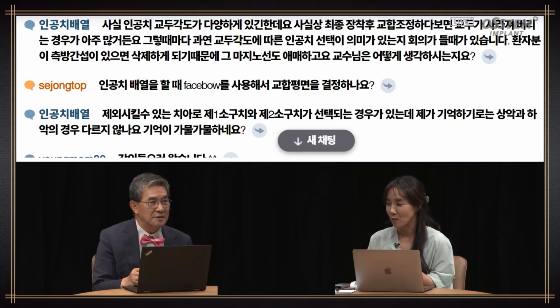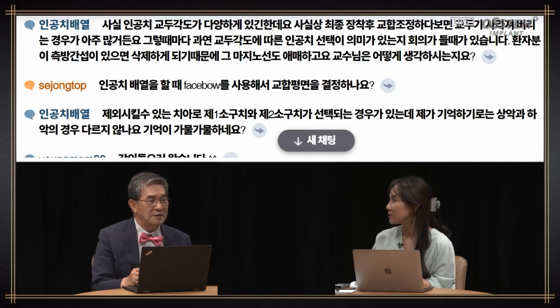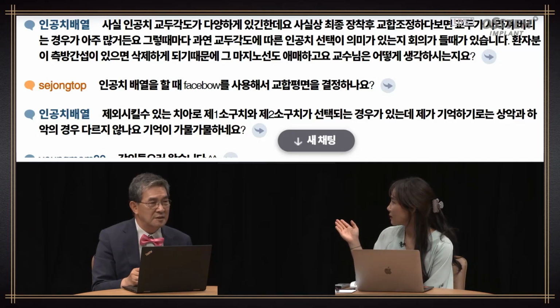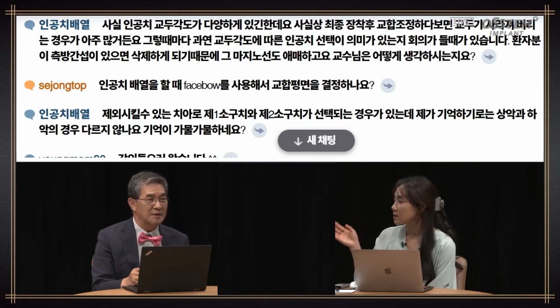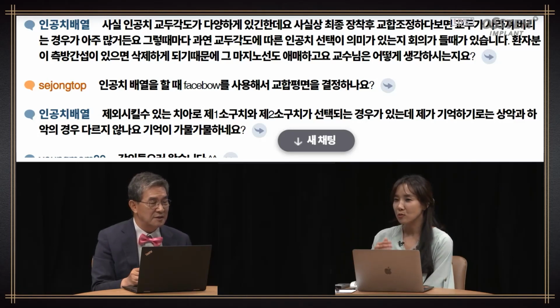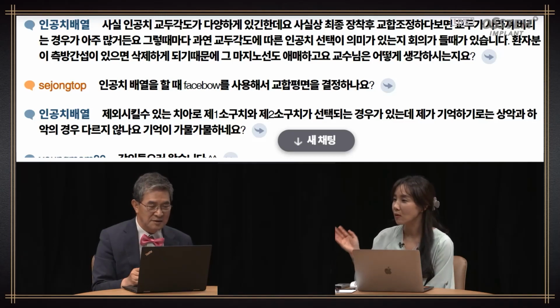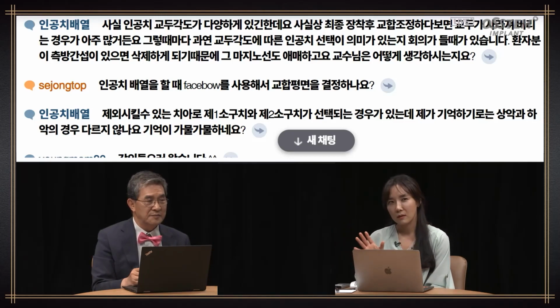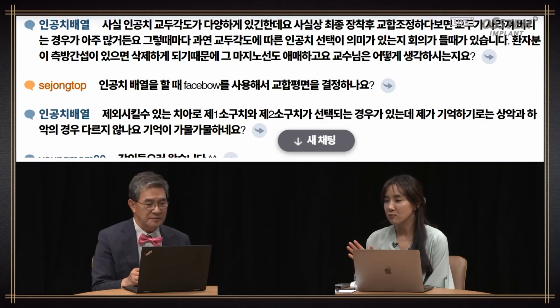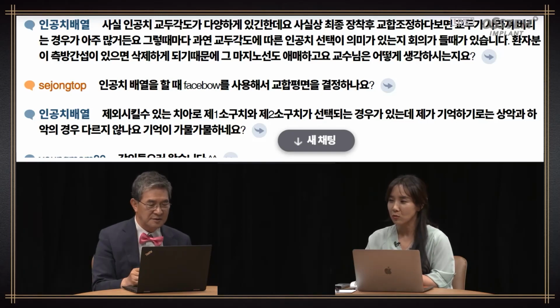In this question, it says the cusps are removed during occlusal adjustment. It means the patient is experiencing some discomfort and it is in the process of being stabilized. When you expect something like this in a patient, in advance you need to sufficiently consider the teeth position, compensating curve, vertical dimension, and others. It would be better later.